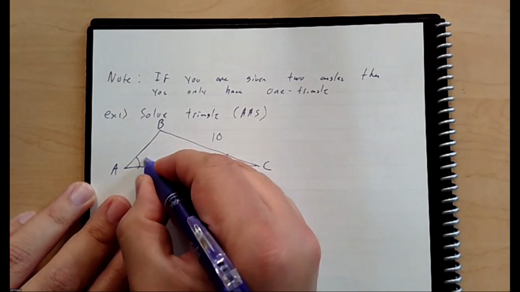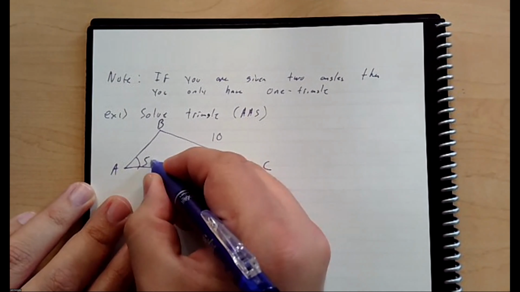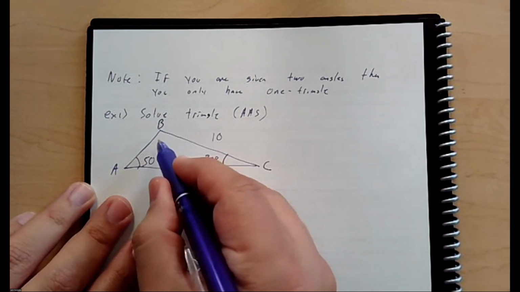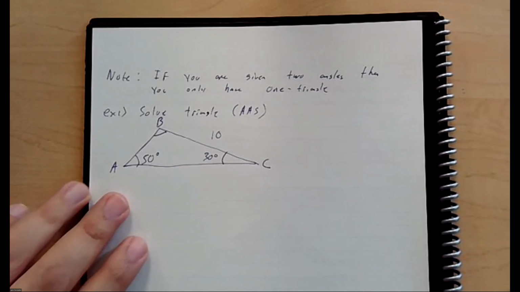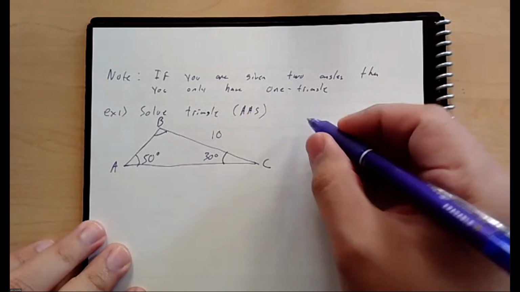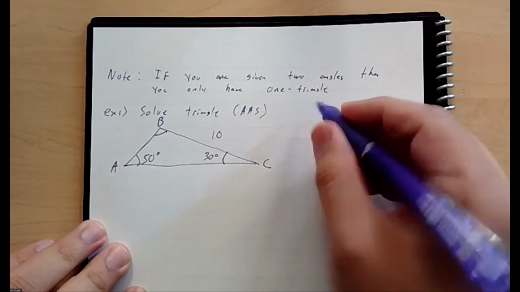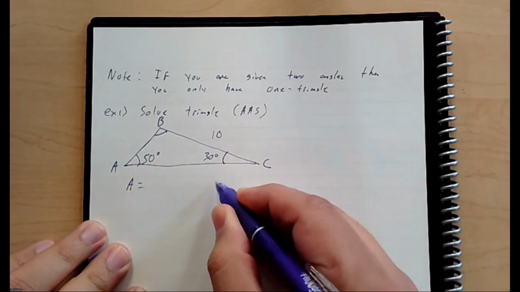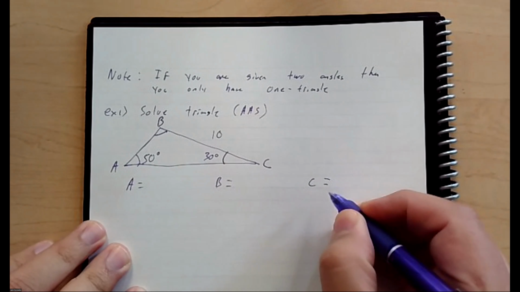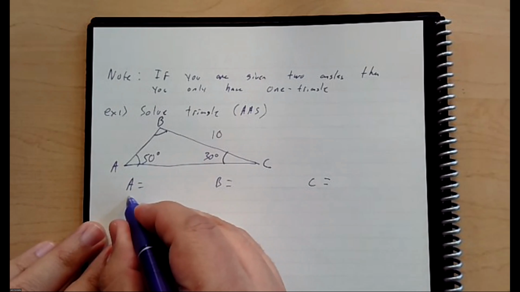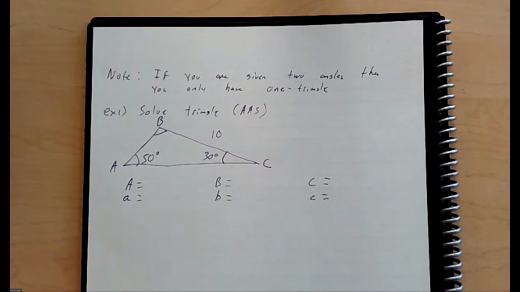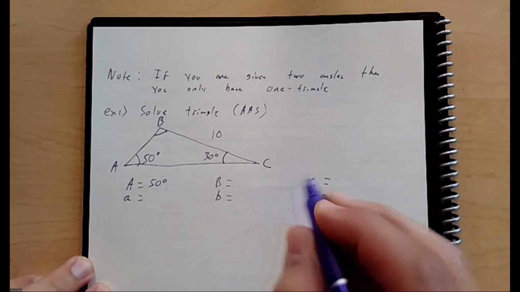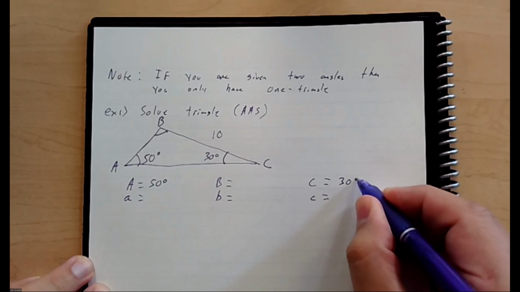This angle is 50. The way I want you to start is, somewhere on the side or on the bottom, just write what all the angles are, the ones that you have, and all the sides. So we have angle A, which is 50, angle C, which is 30.